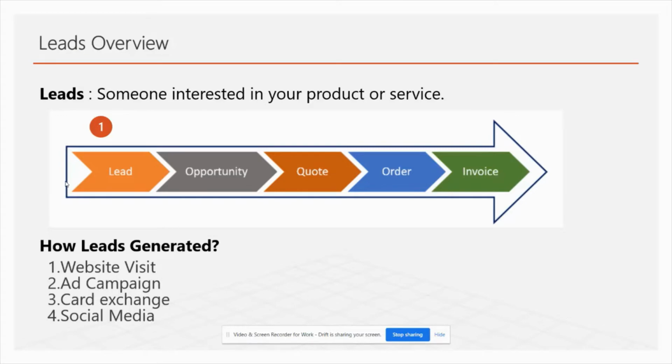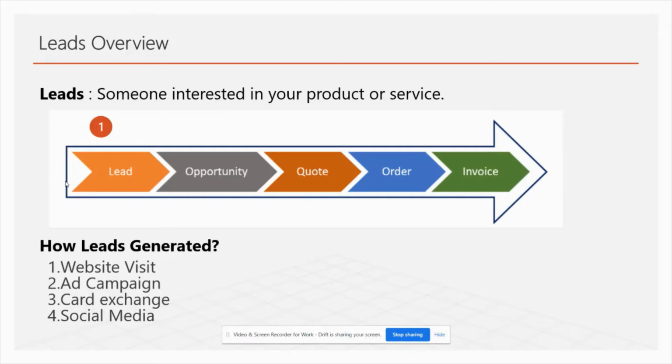After visiting the website, they have read some information, but they want some more. So they click on contact and fill in their information, their email ID and phone number. This is also a lead generated from the website.